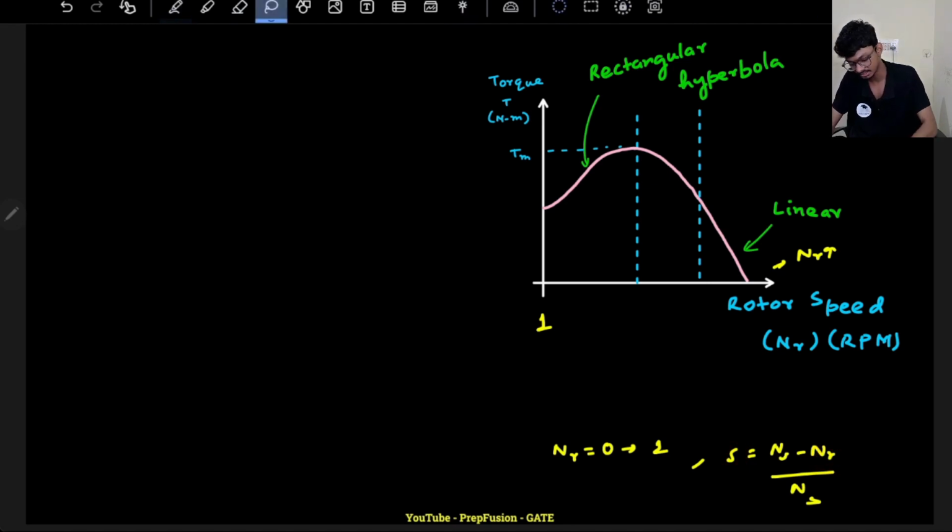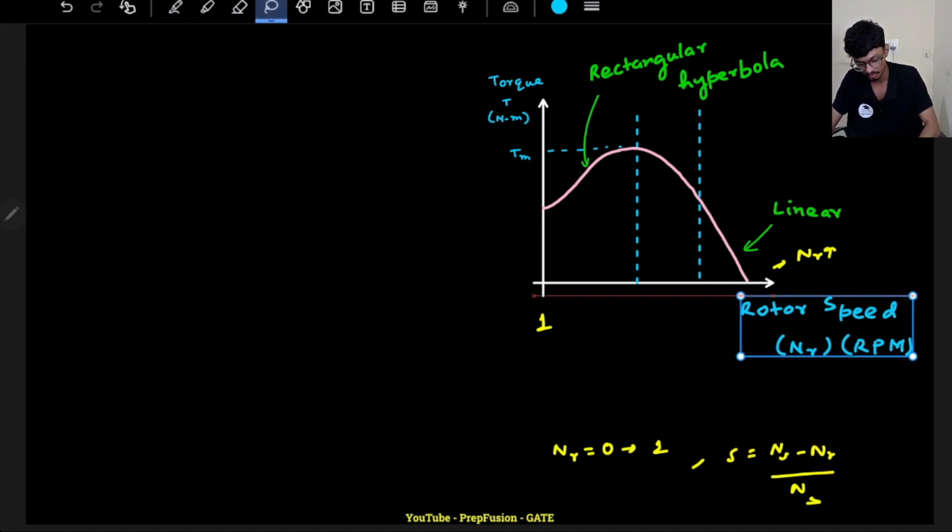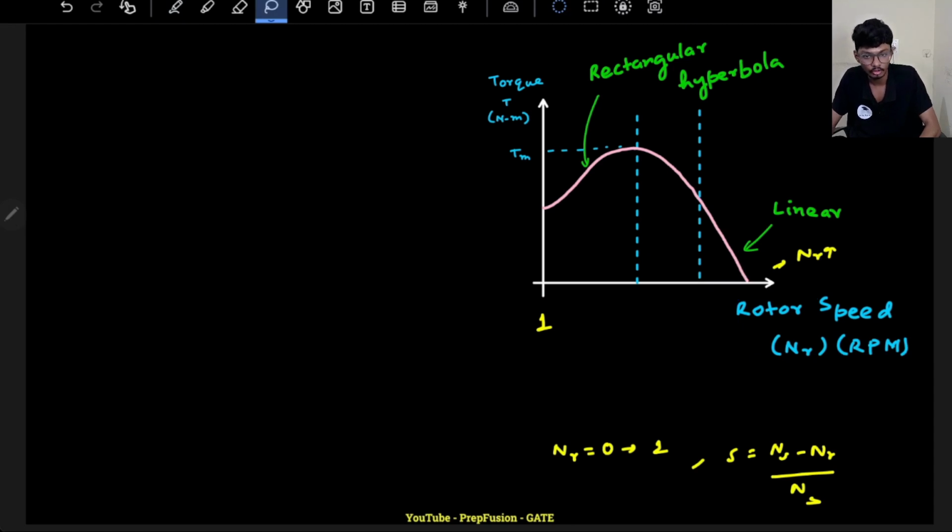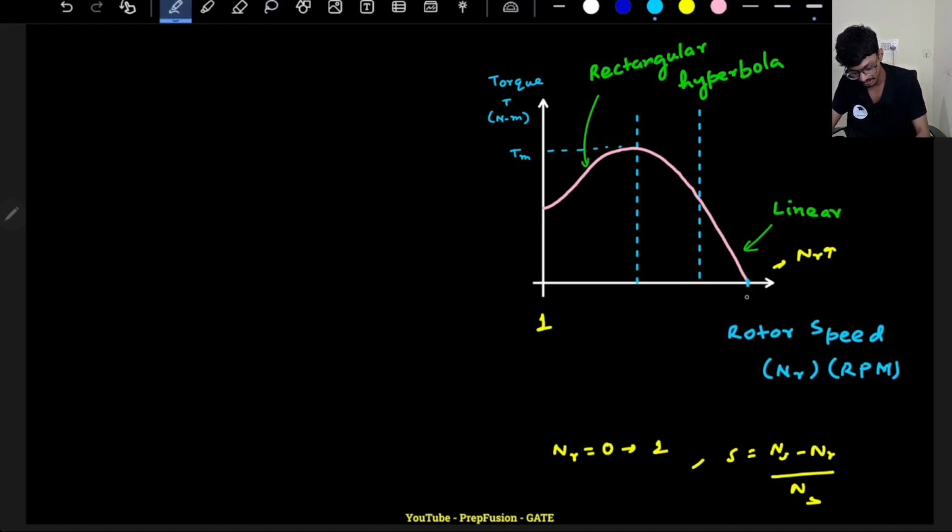At rated condition, where my Nr will almost equal Ns, there will not be any torque developed, because there will not be any current. This point is basically Ns, my rotor speed equals Ns. That's why the torque developed here is 0, because there will not be any currents in the rotor, as the rotor rotates at the same speed as the magnetic field, so no flux cut will be there.